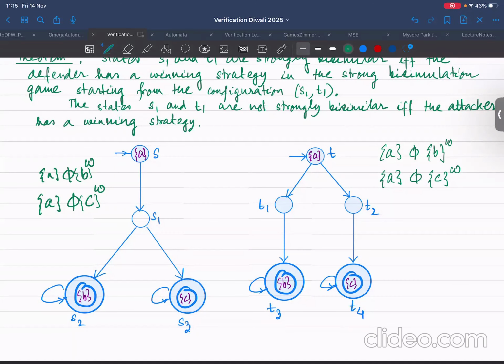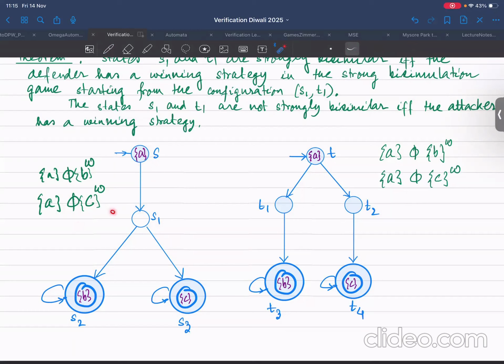If you talk about automata, where instead of the propositions being on the states, the transitions were labeled, you would call them language equivalent. Instead of calling them trace equivalent, they are language equivalent had it been automata.